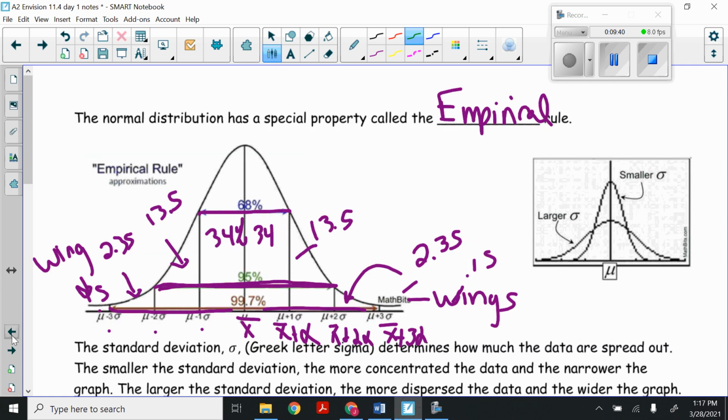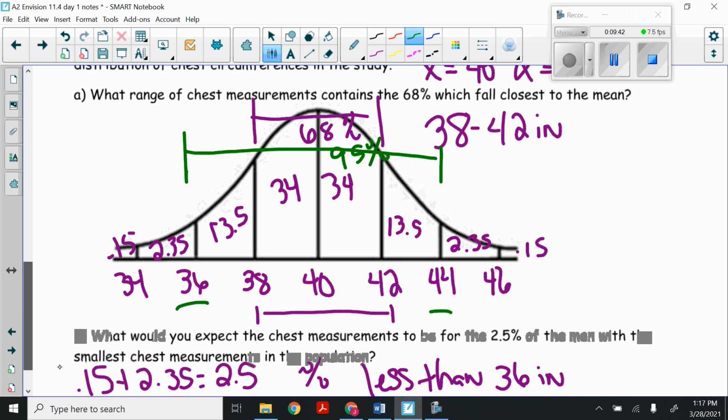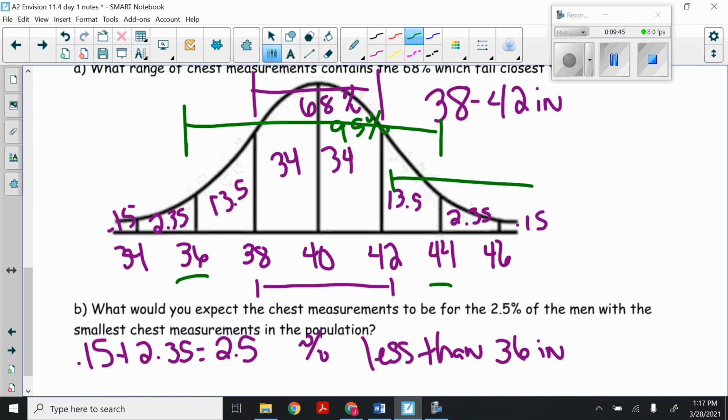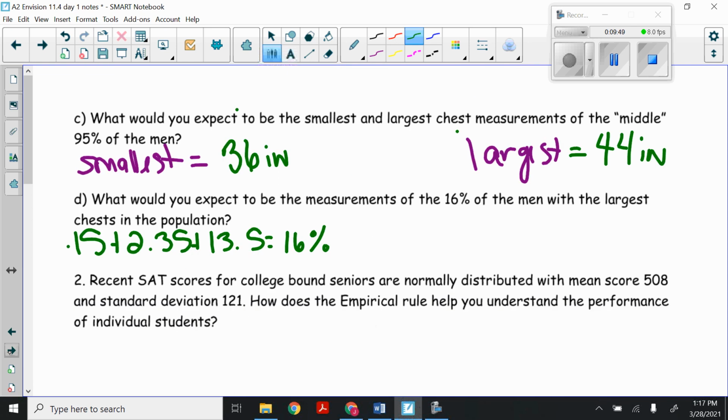So if I look at our graph, these last 3 areas here are what we're looking at. So that would have to be greater than 42 inches. So what would I expect it to be? Greater than 42 inches. Right, so now let's try some more of these.